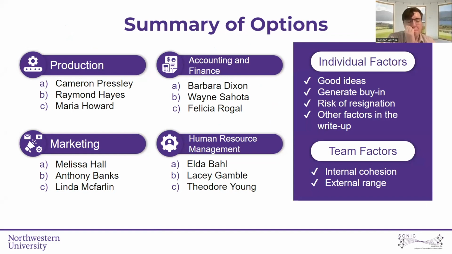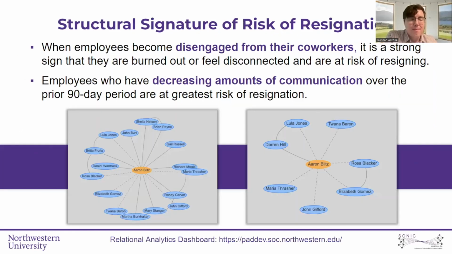So this is our candidate pool. We have Cameron, Raymond, Maria in production. We have 3 people from each department that students want to consider for this MAHA task force. And there are some factors people should take into account: the good idea, generating buy-in, risk of recognition, and other factors in the reading that we didn't mention here. And the team factors, which are internal cohesion and external range, displayed in the dashboard.